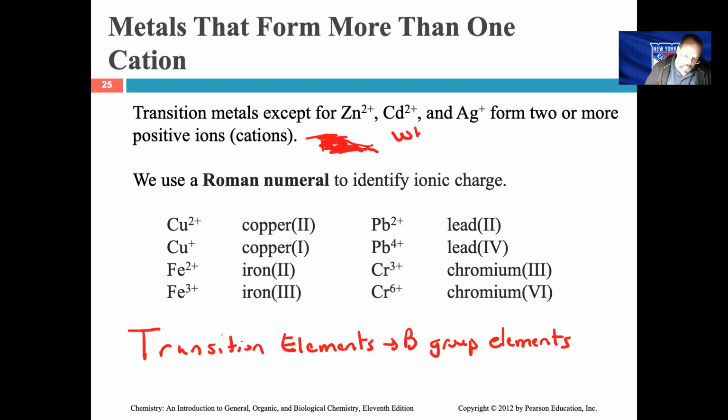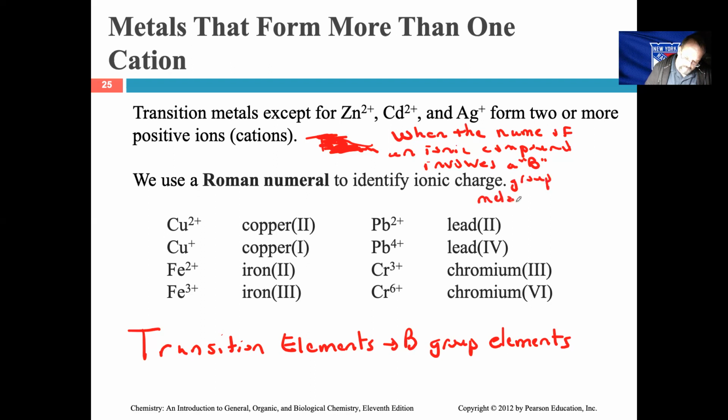So when the name of an ionic compound involves a B group metal, we indicate the charge of the metal ion in the name. Now, how do we do that?